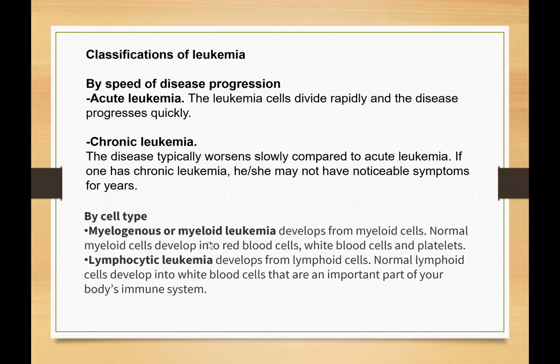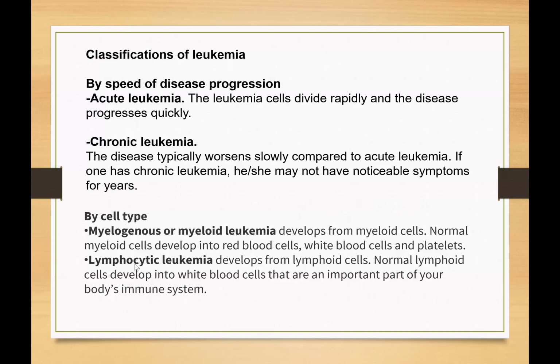Now, as you may know, myeloid cells are responsible for giving rise to RBCs, WBCs, and platelets. So if this cell undergoes a cancerous transformation, then instead of making RBCs, WBCs, or platelets, it is going to make poorly developed WBC progenitors.